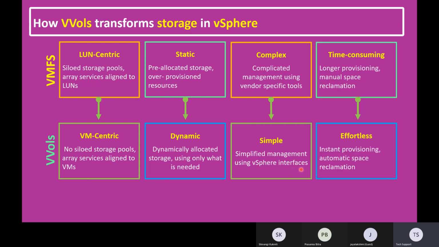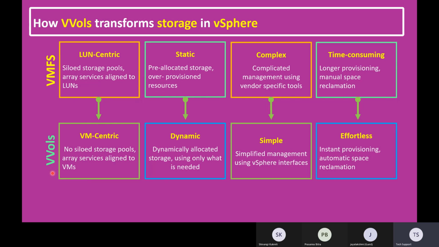Coming to deployment, it is time consuming with longer provisioning and manual space reclamation. But with virtual volumes, it's instant provisioning, very fast, with automatic space reclamation. This is the complete difference between the VMFS level and the vVol level.